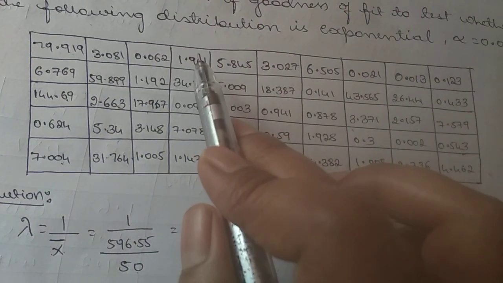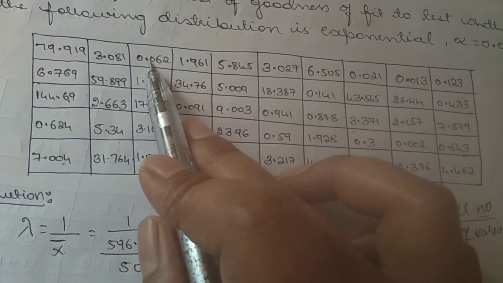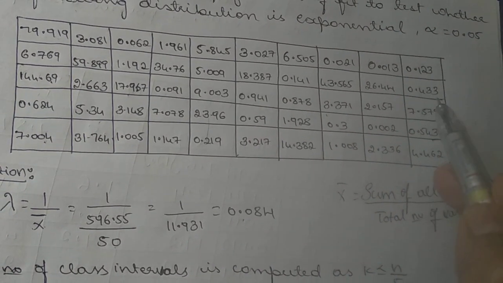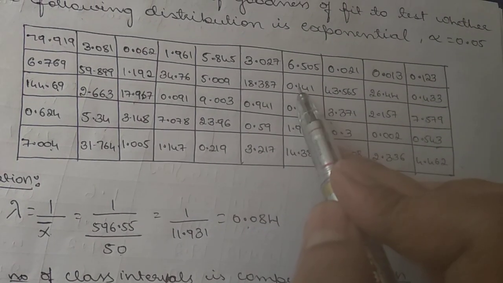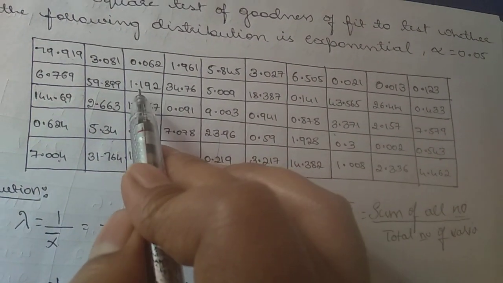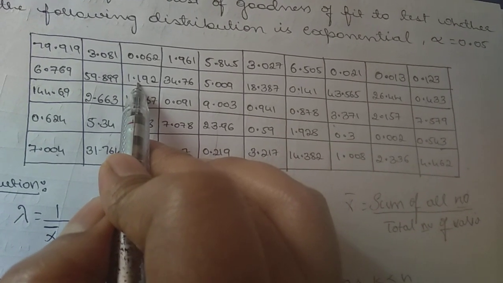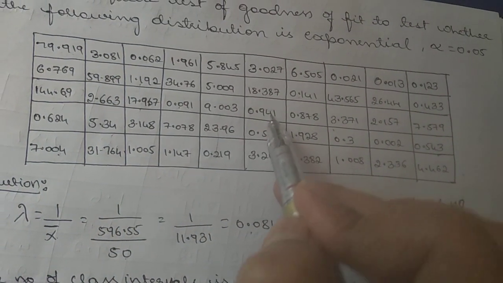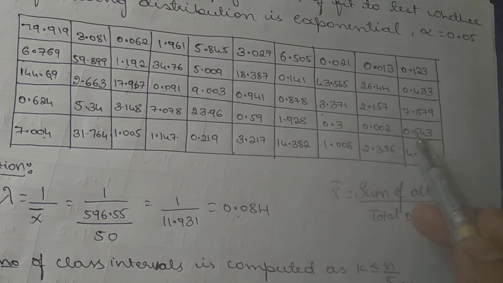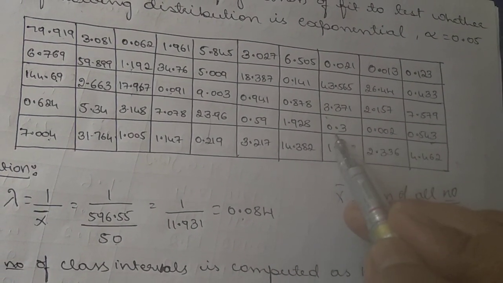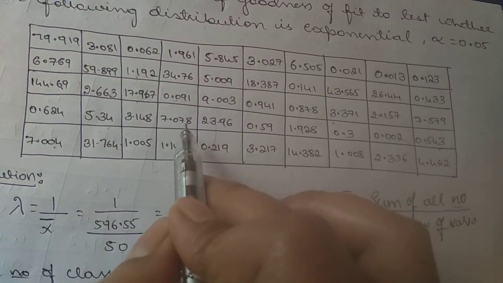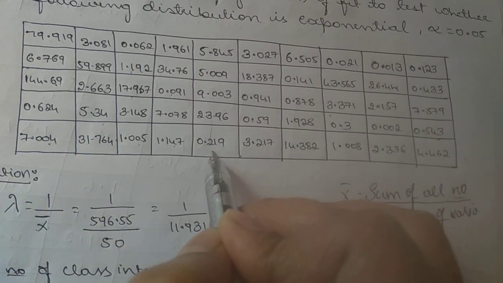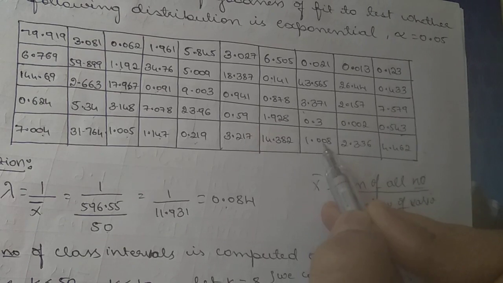This is 1.96, but you have to search within 1.5. So, only 1, 2, 3, 4, 5, 6, 7, because it is 1.192, 7, 8, 9, 10, 11, 12, 13, 14, 15, 16, 17, 18, 19.